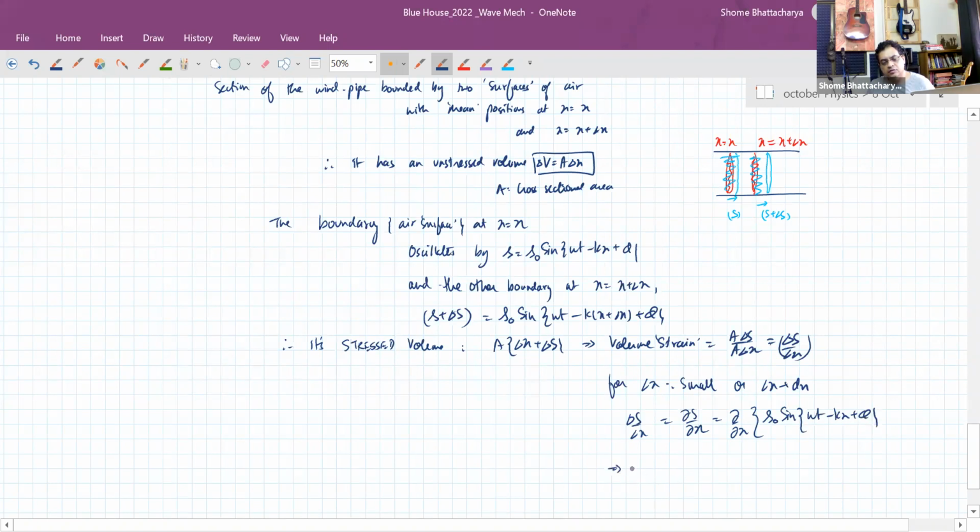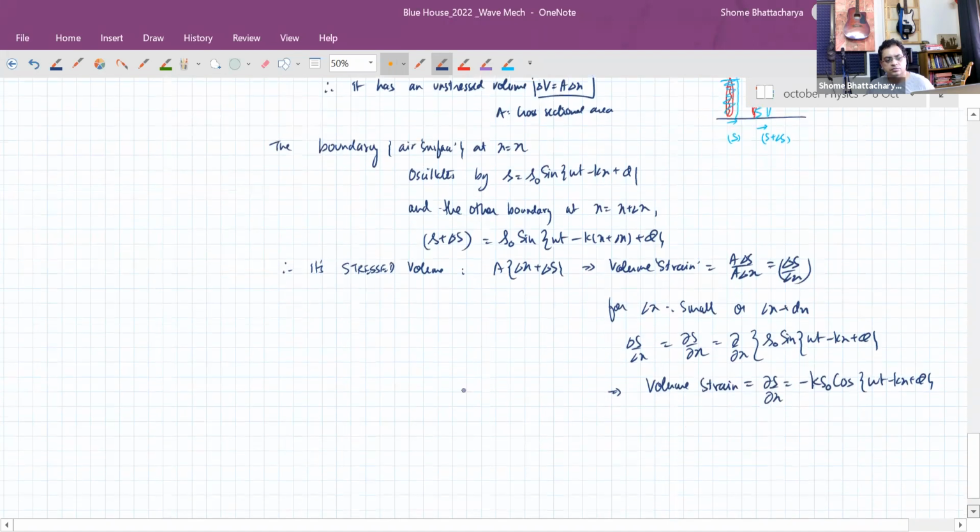Okay. So the instantaneous volume strain at any given point becomes this much. This is the volume strain.